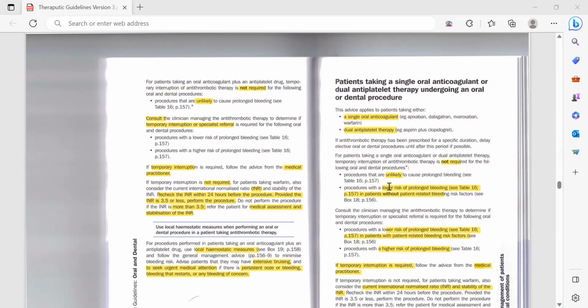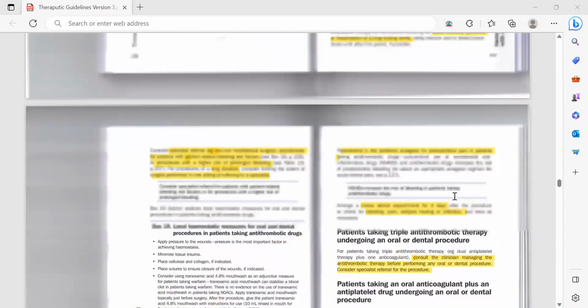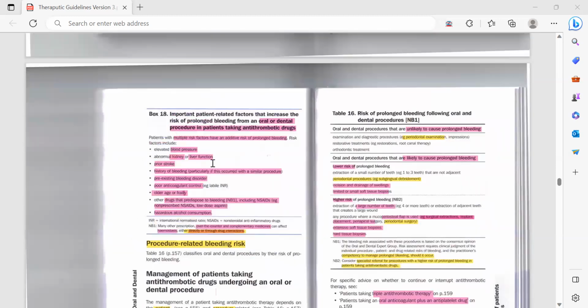And for the lower risk of prolonged bleeding procedures, you need to make sure that there is no patient related risk factor. Which were the patient related risk factors? This chart.